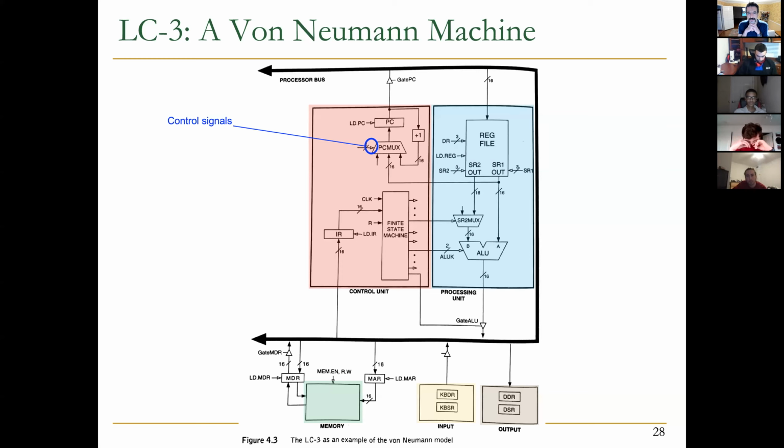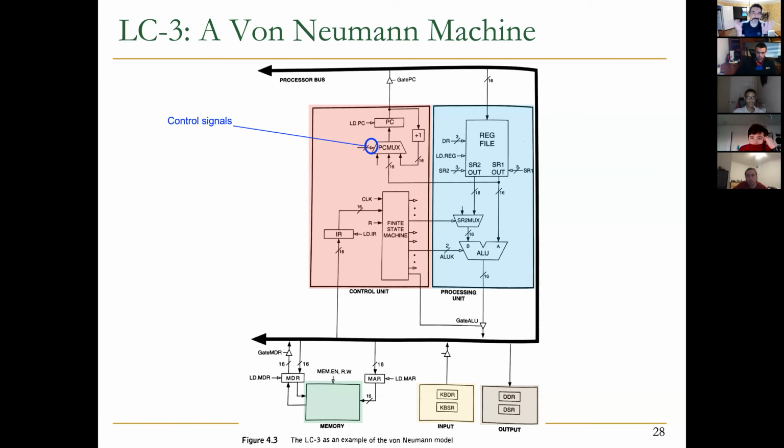So you already see that the program counter typically needs to go one by one, right? You see here, you need to add one into the program counter, right?